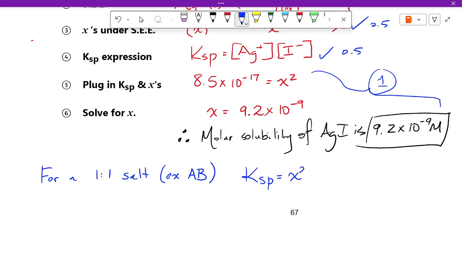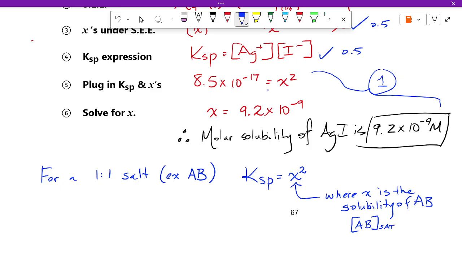X squared, right? Because it's going to be A times B, and A is equal to B. Yes? And so for multiple choice, this is where X is the solubility of AB. In other words, the concentration of AB saturated. Yes?